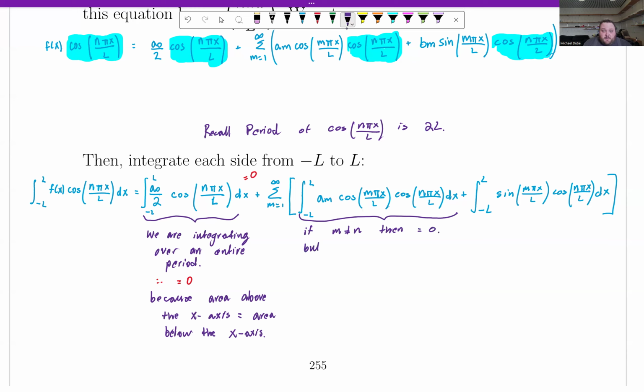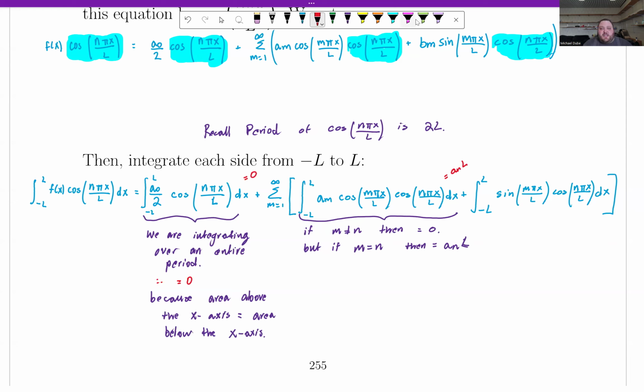But if m equals n, then it equals a n times L, right? Because this whole thing will equal L. So this whole thing will be a n times L.